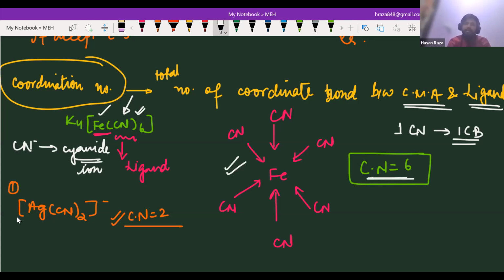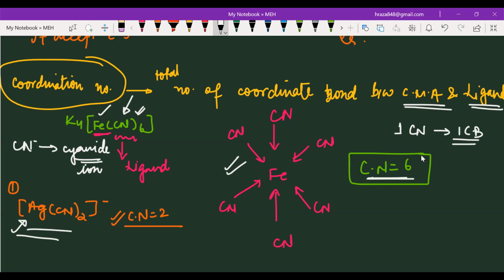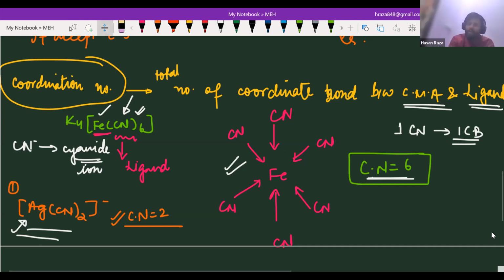So what I asked, can you tell me the coordination number after looking at this compound? Tell me. 2. It is 2 because 2 CN are there and 1 CN can form only one coordinate bond.